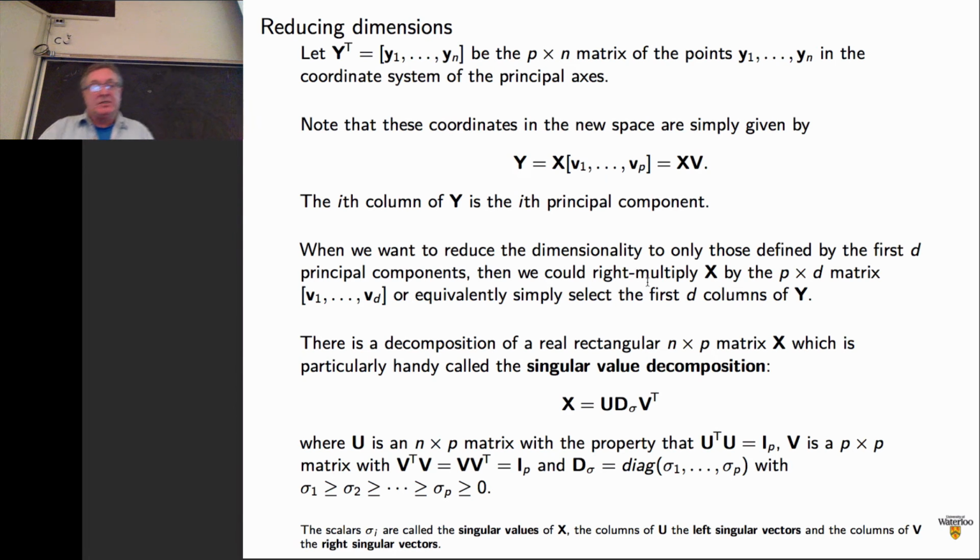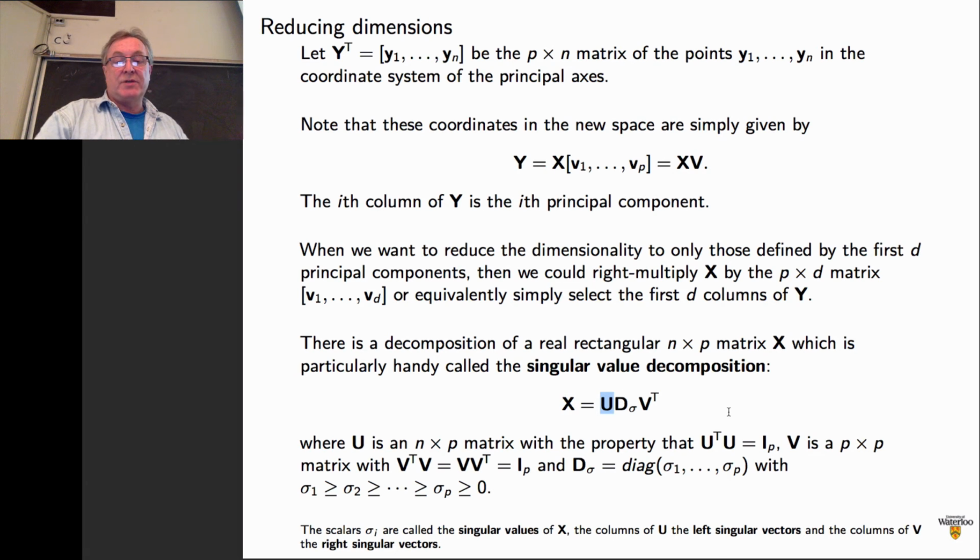All right, so there's a handy decomposition we talked about in the tutorial last day, and that's a singular value decomposition, where I can just operate on the X matrix itself. I don't even have to form X transpose X and get its eigen-decomposition. So the singular value decomposition breaks X, a rectangular n by p matrix, into the product of three matrices.